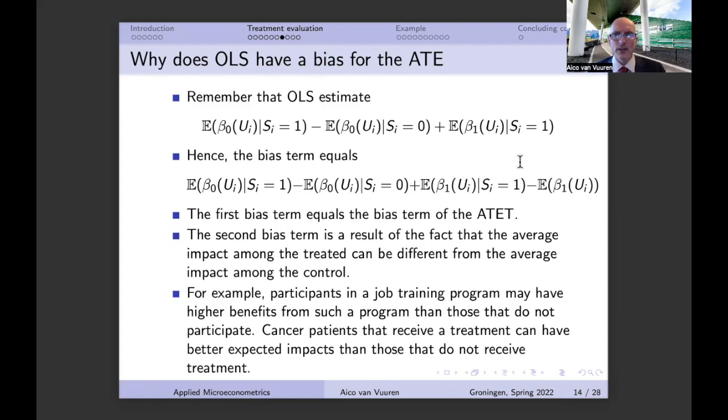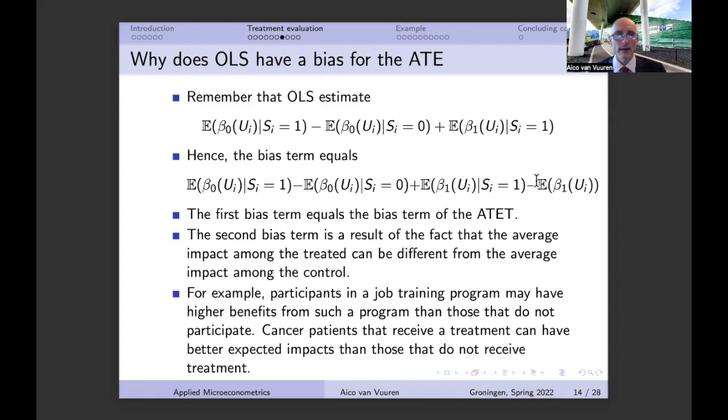And the interpretation of this term that we have over here is related to the fact that the average treatment effect among the treated is generally different from the average treatment effect. That's because generally we might expect that the impact among those individuals that are treated is different from the impact among the individuals who are not treated. Also here you should realize that this generally may not be equal to 0.